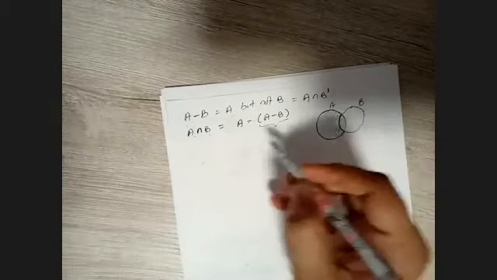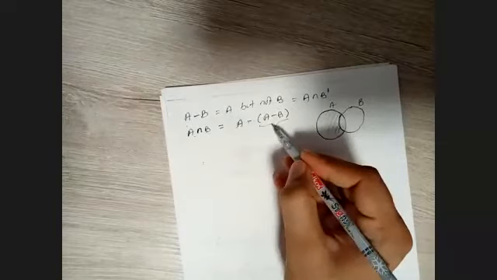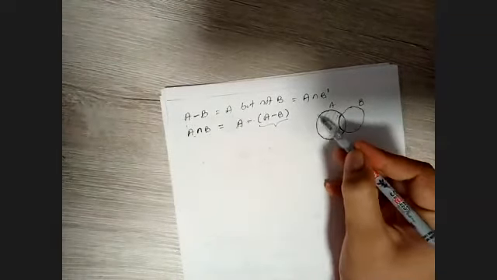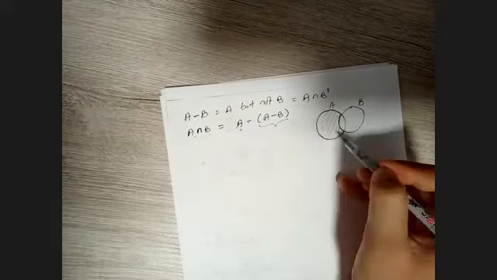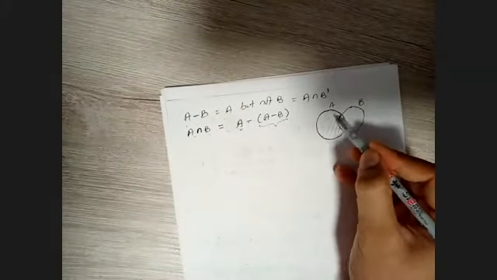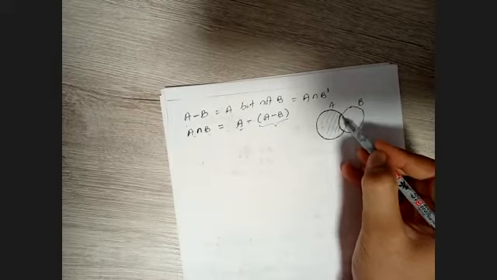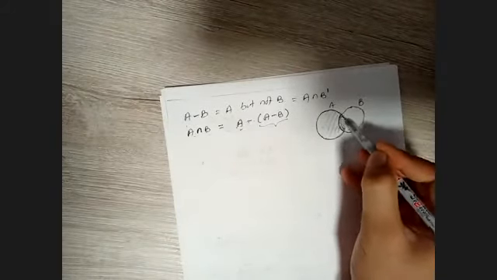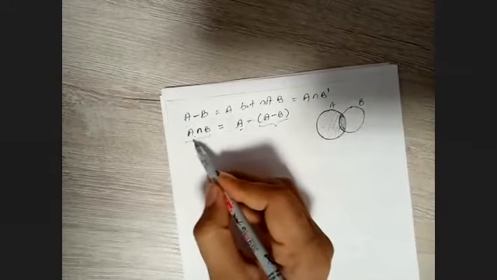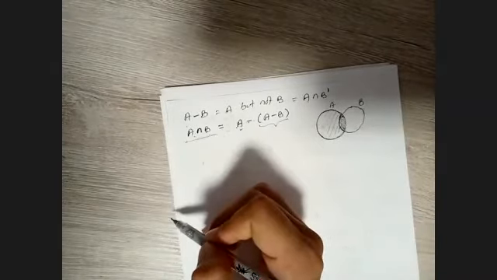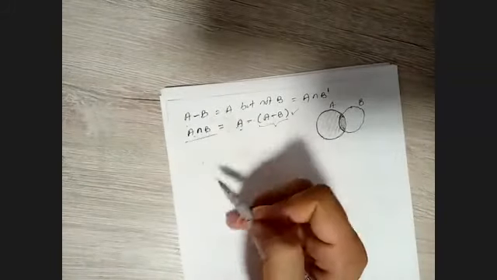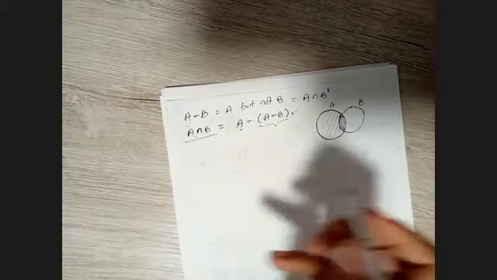Now A difference this part means elements of A, this is complete A, which are not in this part. What are those? This part only. Yes or no? So this common part is A intersection B, right? This is how we can write the intersection in terms of difference here.